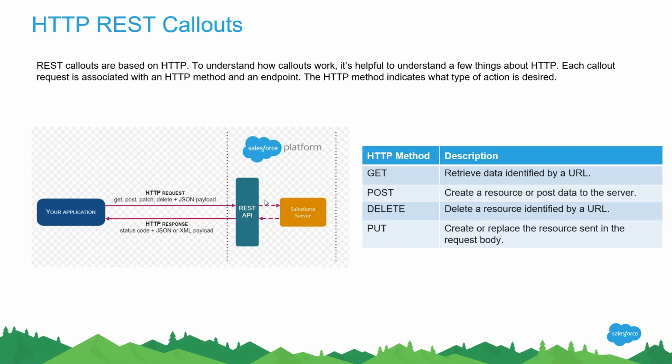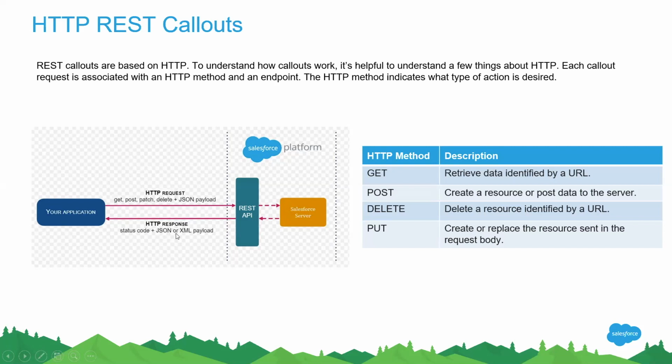So basically, you send a request from the third-party application to Salesforce using an HTTP request. It could be get, post, patch, or delete. These are the different HTTP methods. Whenever you interact with Salesforce by posting to an endpoint URL, it sends the response back.